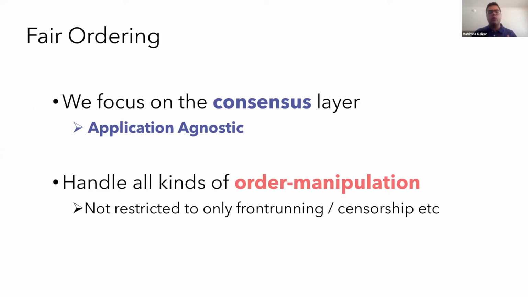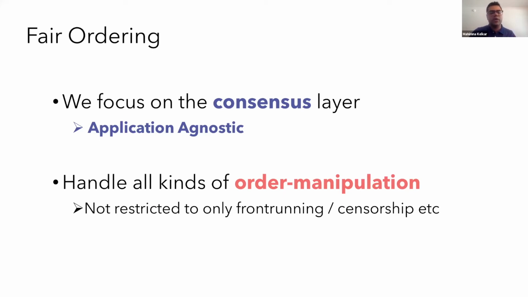So our focus has been on solving this order manipulation attack problem at the consensus layer. This makes it agnostic to the underlying application being considered. So it should definitely benefit DeFi applications like decentralized exchanges, but because it also abstracts out economic incentives, it should also be useful in non-DeFi applications that could benefit from ordering guarantees, like first come, first serve sales or ICOs.